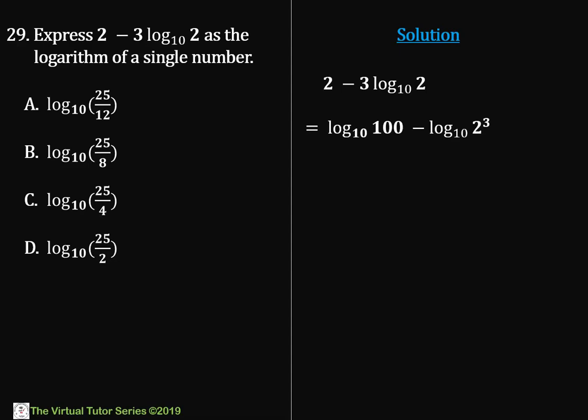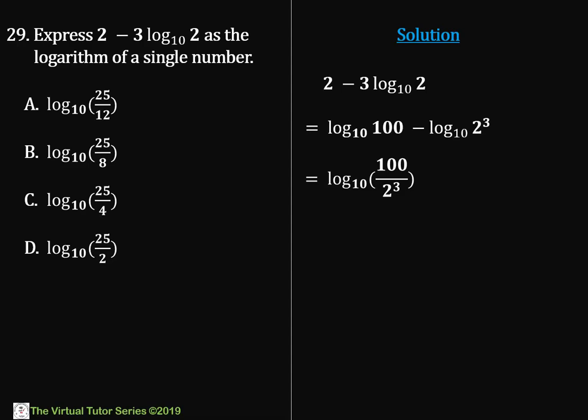So, it can be expressed as log of (100 over 2 exponent 3) to the base 10.